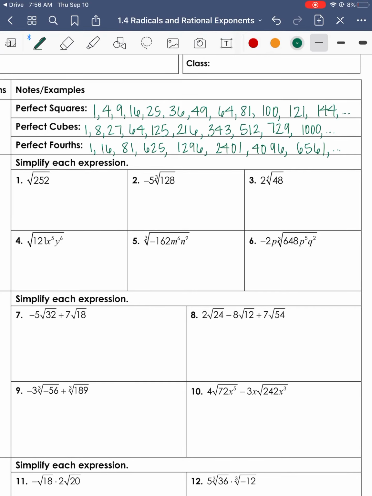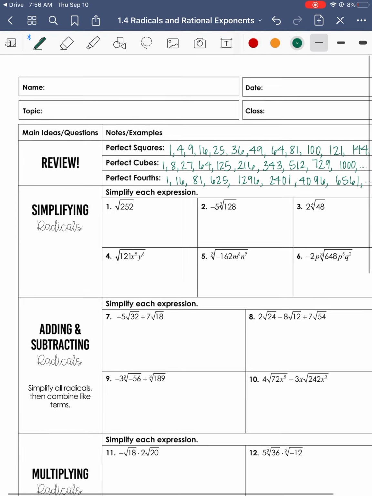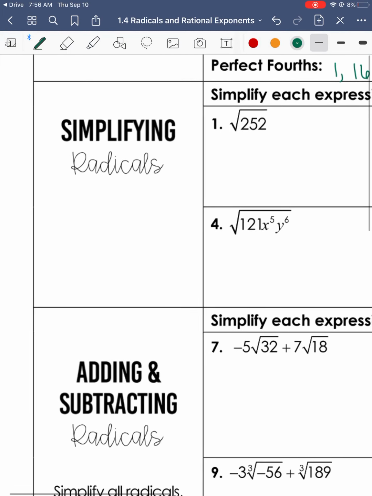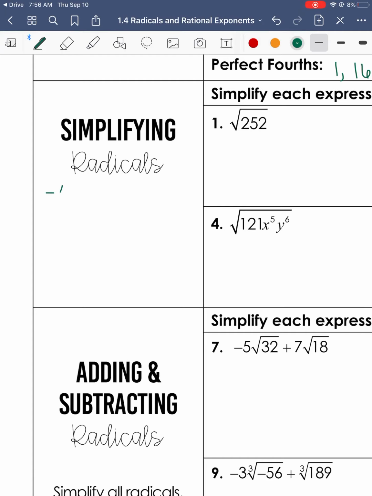So here we are going to simplify radicals, and when we simplify radicals, what we want to do is make a list of factors for the radicand, and the radicand is the number under the radical, okay?